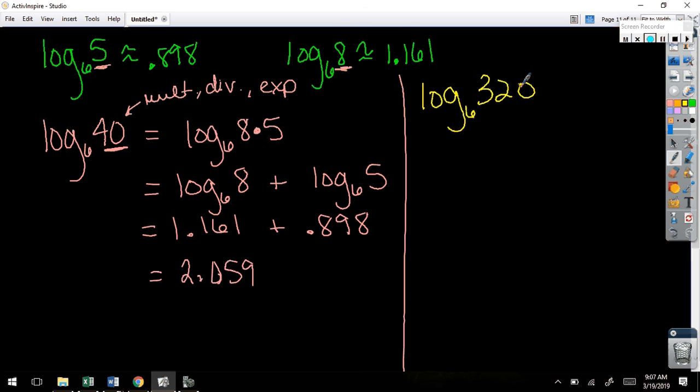Wait, hold on. Oh my God. That's all you can use. So you've got to find some way to use 5 and 8, multiplication, division, exponents to come up with the number. Wait, 320, this is a totally different problem. Yes, that's why it's in a different color. I wish I could do my maniacal laugh.